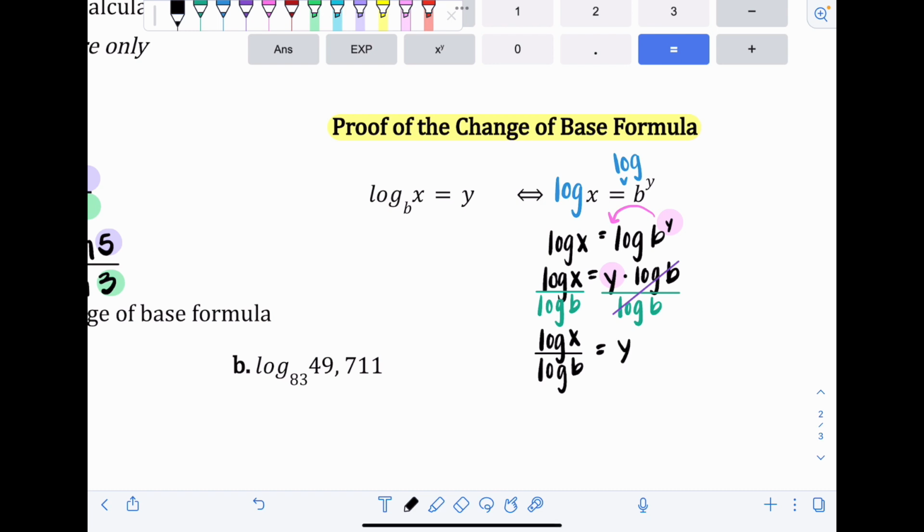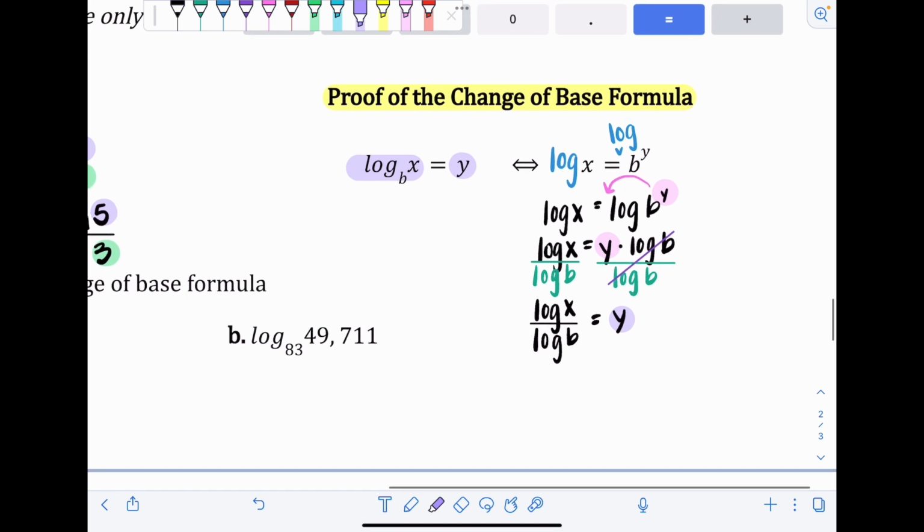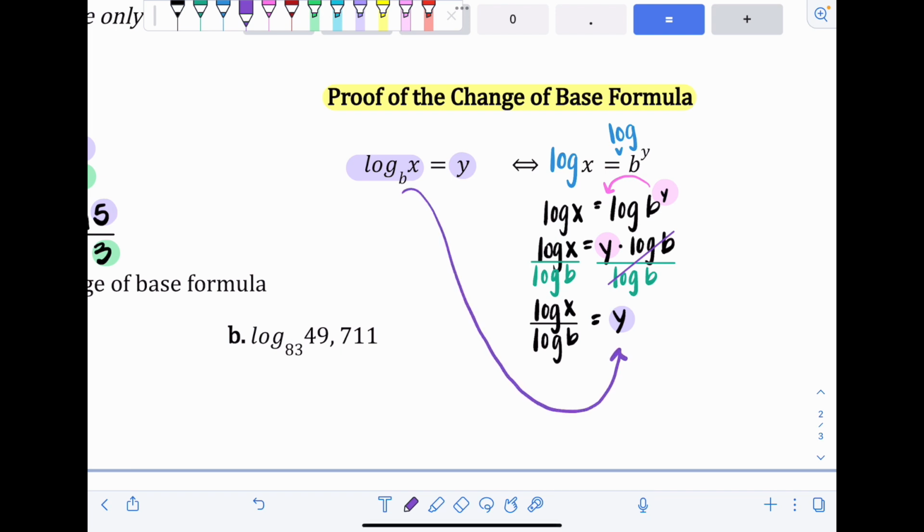And then all the way up here, we said that y was equal to log base b of x. So that means that instead of having a y there, I can just put log base b of x there because those are equal. So I'm just going to take out that y. You can write it in a second line if you want, but I'm just going to take out that y.